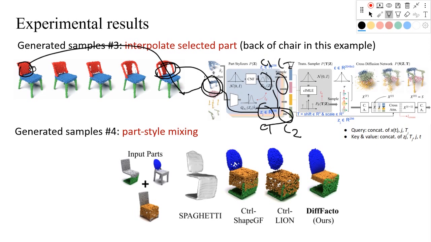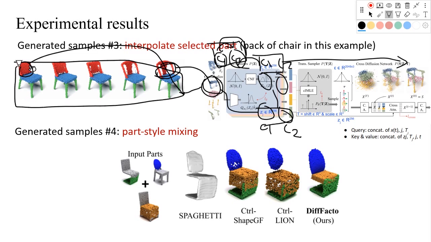Then we do the inverse. We have this ability because of this normalizing flow here. We have the inputs corresponding to chair 1 and chair 2, and we do the interpolation between them. For the interpolated result, we compute back the corresponding part style latent, and we can use this to generate the shape, and this is the interpolation result.